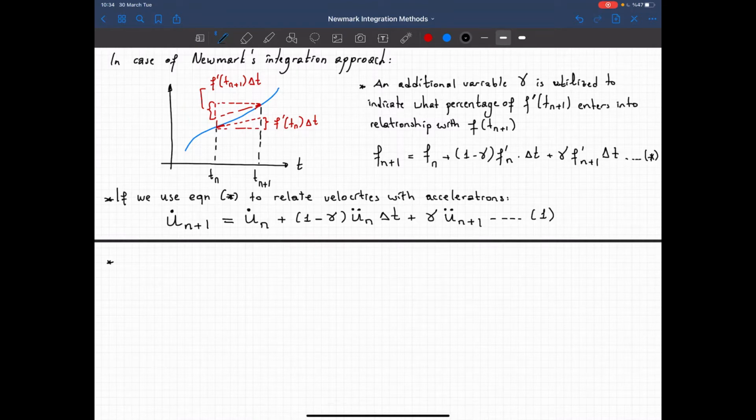Now, we have a velocity-acceleration relationship. I need to relate displacement with velocities and accelerations.